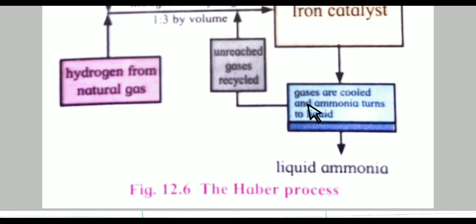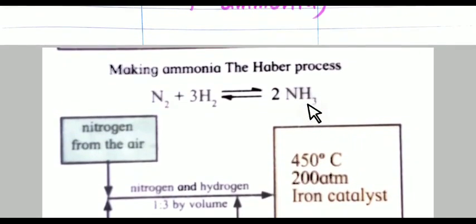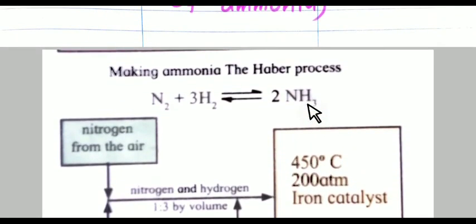Now, in the Haber process, the reaction proceeds with a decrease in the number of moles. As you have seen, in this reaction the number of moles of reactant is 4 and the number of moles of product is 2.